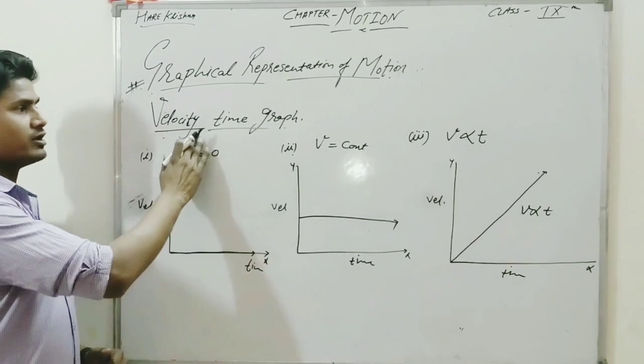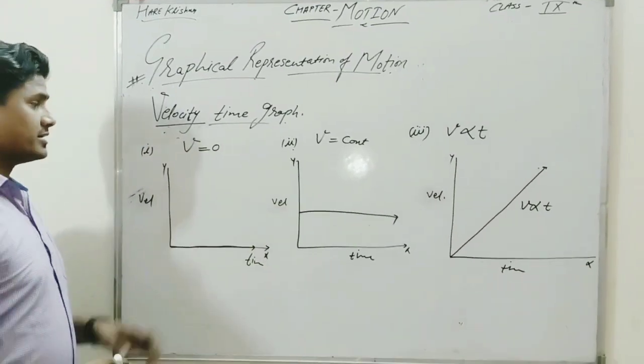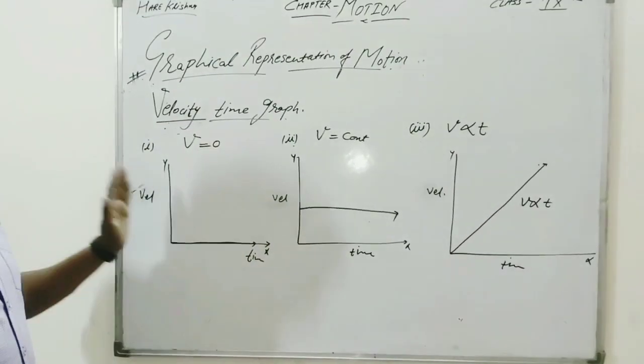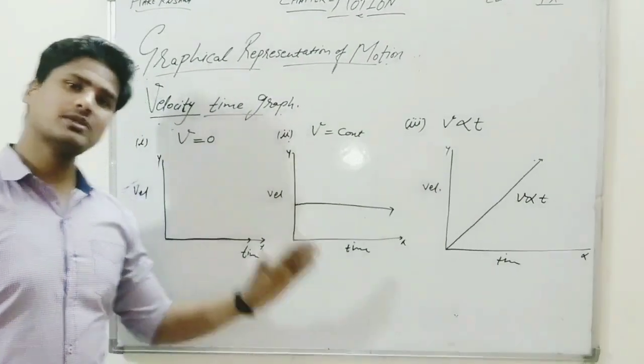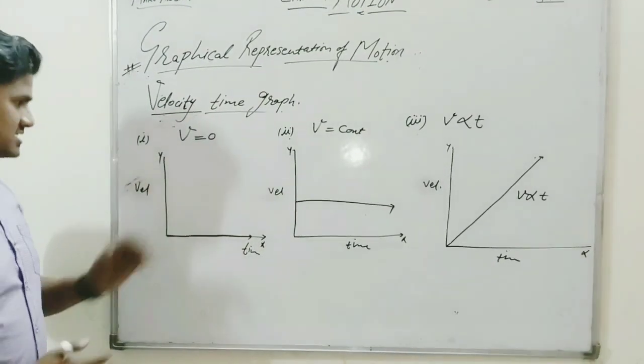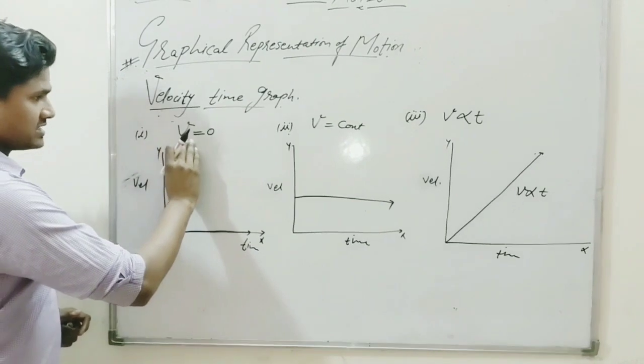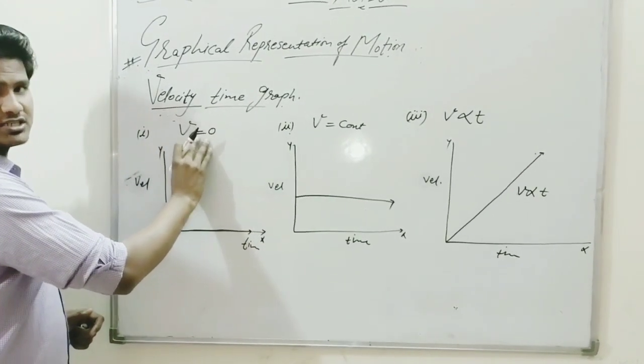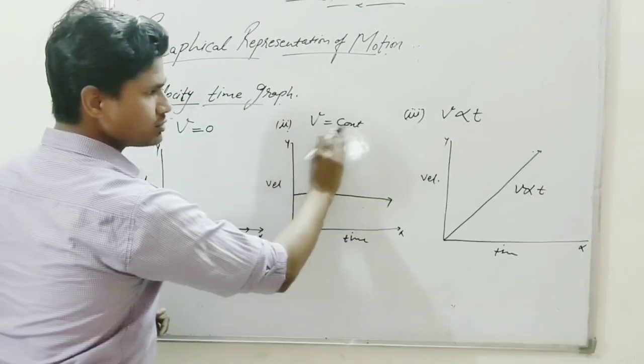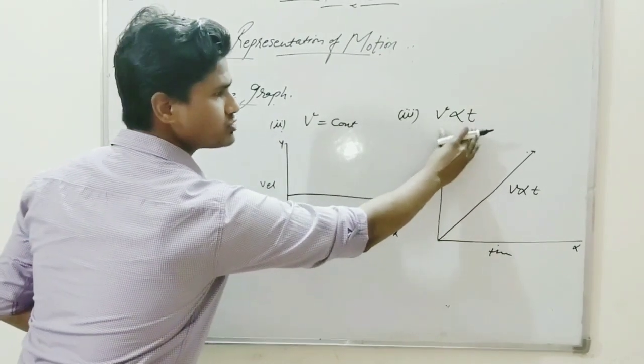Now we take the velocity time graph. Students, for the velocity time graph, all the three conditions are similar to the speed time graph. That is, v is equal to 0, it means the velocity is equal to 0, velocity is equal to constant, and velocity is proportional to time.